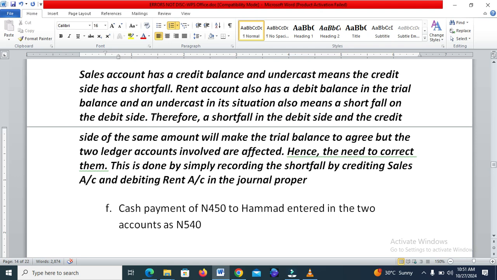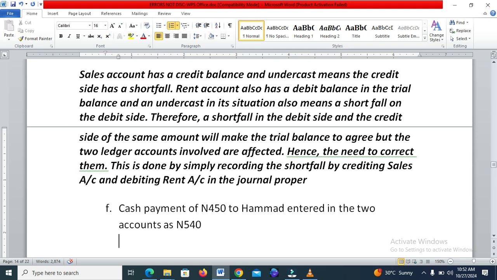This is done by simply recording the shortfall by crediting sales account and debiting rent account in the journal proper. So the amount involved is 500 naira. The amount that has been reduced, you have to put it back. So you put the 500 naira, not 1,000 naira that I mentioned earlier. You have to put the 500 naira back in the rent account and put the 500 naira also back into the sales account.